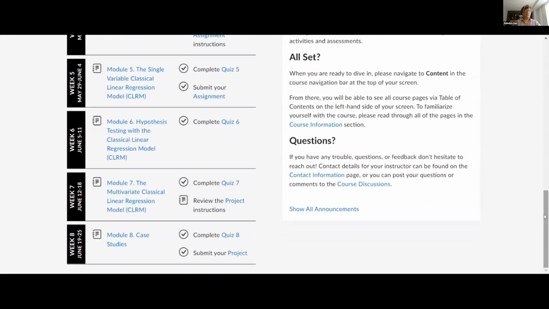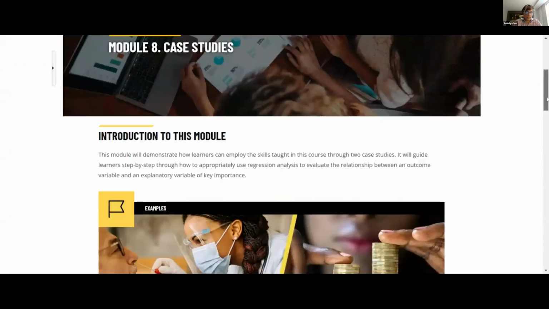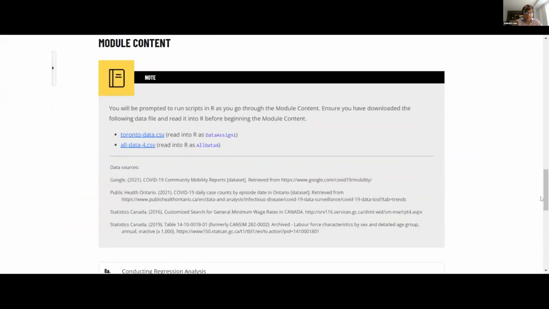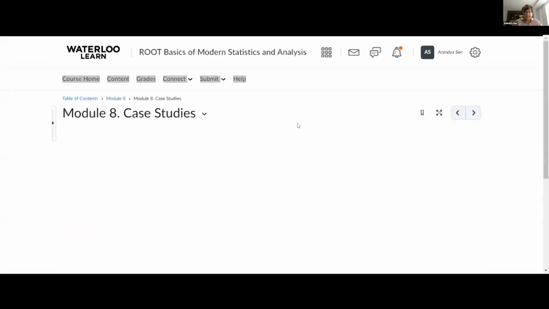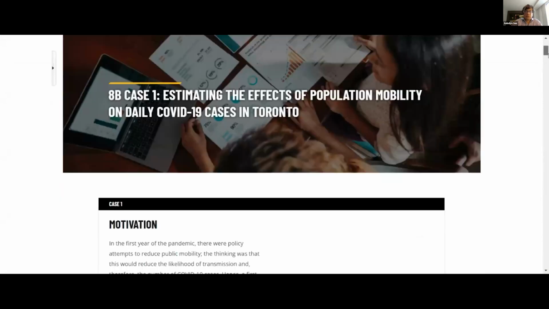So I want to look at a case study. So this is stuff which I think there's a lot of Health Canada and Public Health Agency folk out here. So I've done quite a bit of research on COVID, which I've published, and I'll give you an example. The example I have is looking at the effects of population mobility in Toronto.